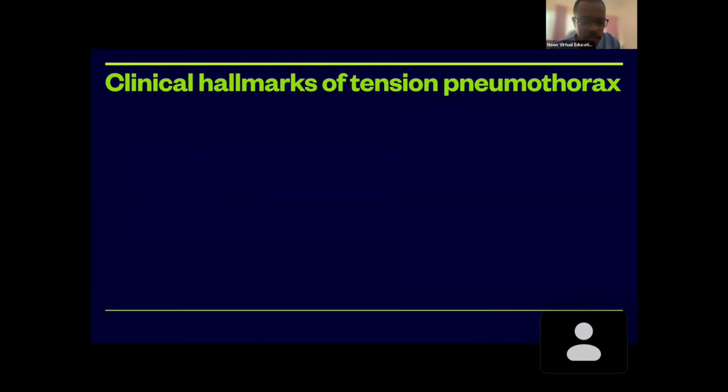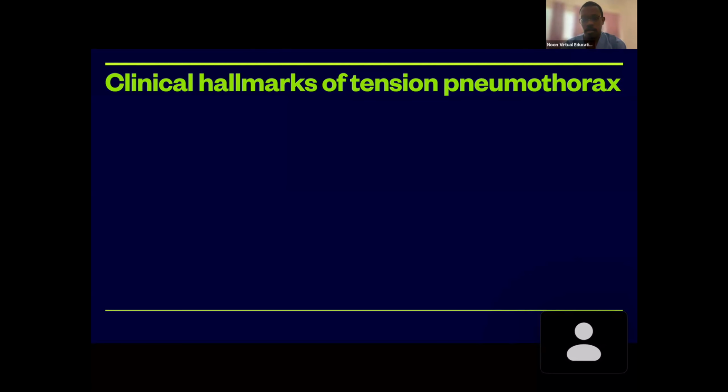The most important thing for you as an emergency physician is tension pneumothorax. So you need to know the clinical hallmarks of tension pneumothorax. I need your participation in answering this question: what are the cardinal signs of tension pneumothorax? If you find these signs clinically, you immediately go to the second intercostal space, mid-clavicular line, and do a needle thoracostomy.